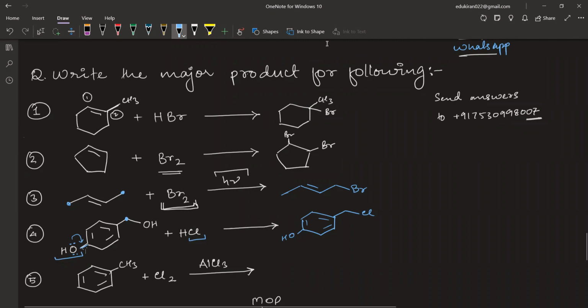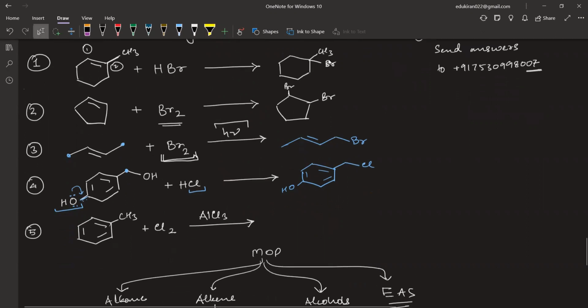That is why it is not replacing the OH with chlorine. In the fifth example, we have electrophilic aromatic substitution, in which this benzene ring will be there and the CH3 group, and we will get a chlorine in the para position. Also, we will get a chlorine in the ortho position.